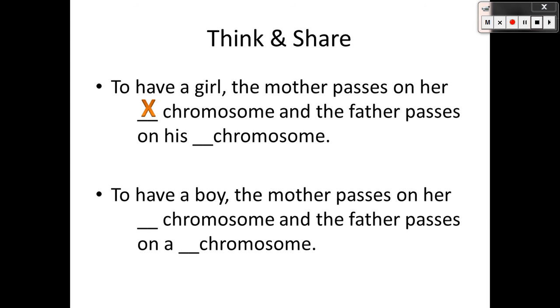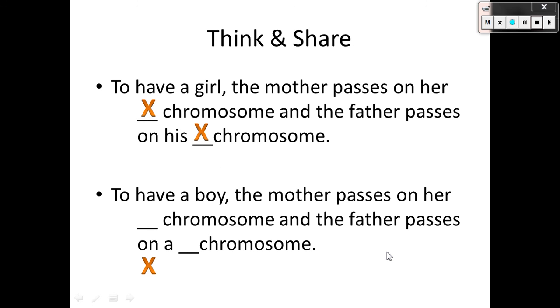He can either pass an X chromosome or he can pass a Y chromosome. Well, since we're making a girl, I need to have her sex chromosome pair be XX. So that means dad must pass her the X. See how we have that double X in the picture? This is what is determining us having a little girl.